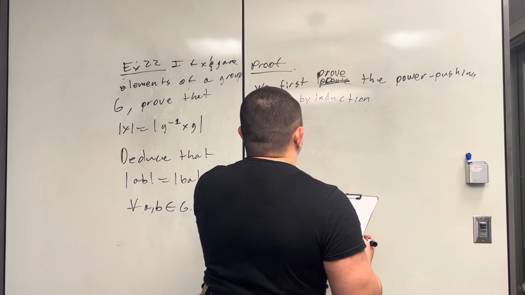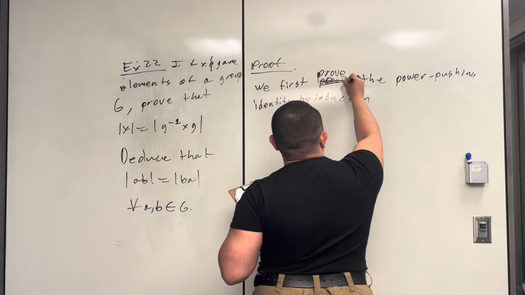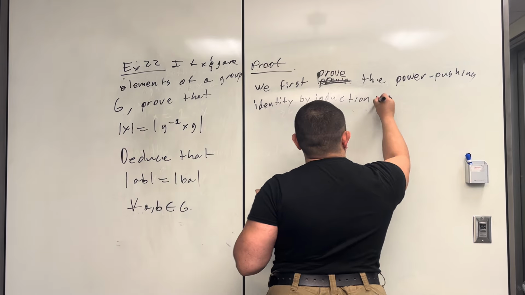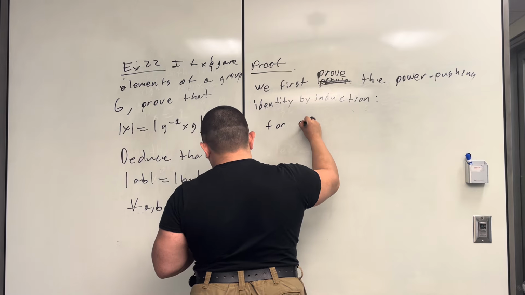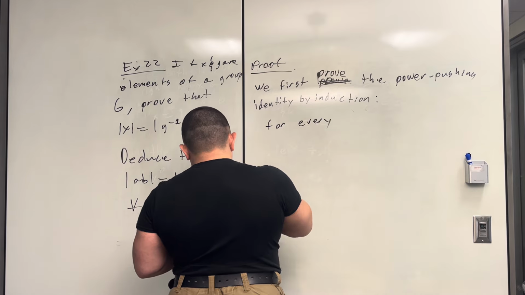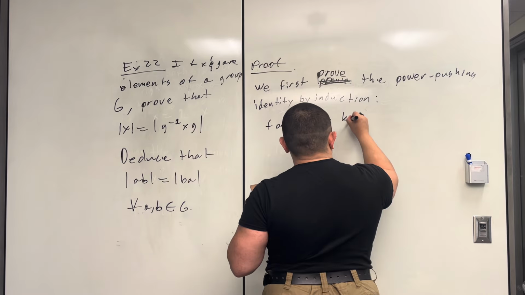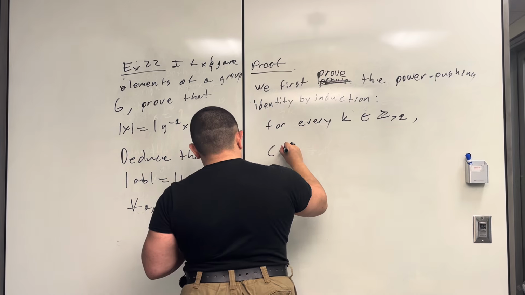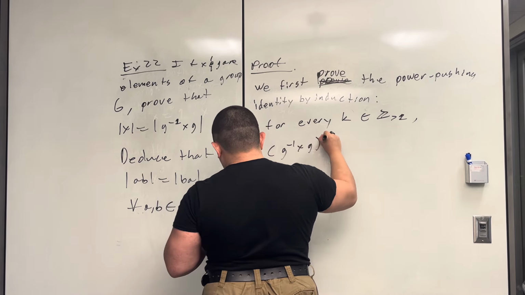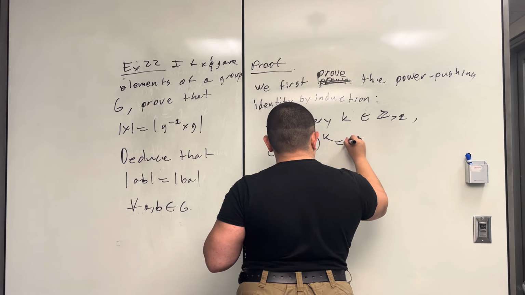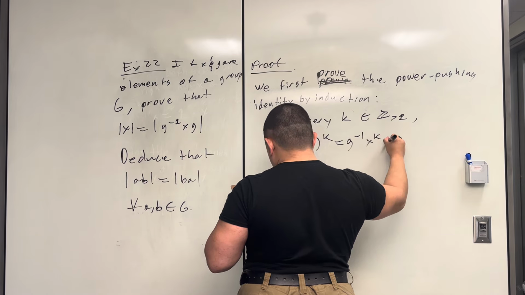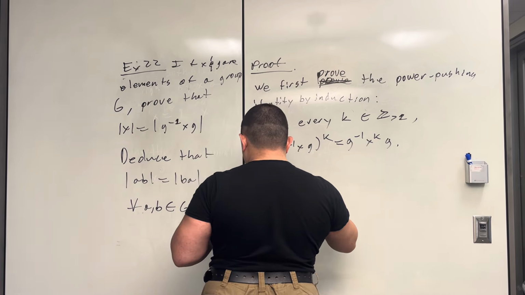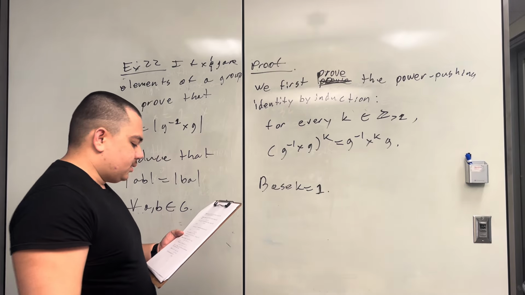So we first prove the power pushing identity by induction, and what that is more explicitly is to say for every k within the positive integers, (g^(-1) x g)^k = g^(-1) x^k g, and we set our base case k equal to 1.